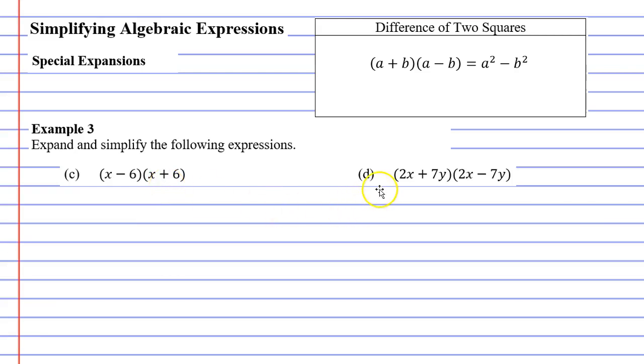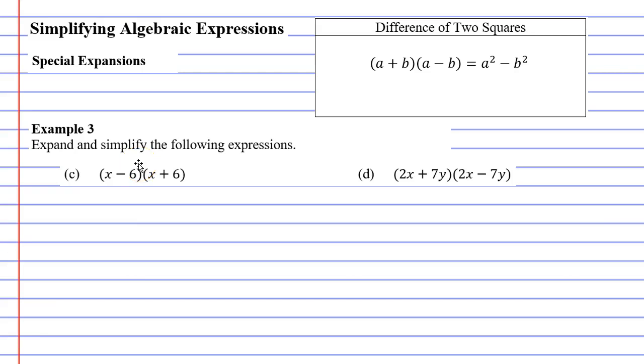You'll see that also in question D. They're exactly the same terms, 2x and 7y, except one's got a plus and one's got a minus. And when you see this, you know that this is an example of difference of two squares. Okay, but they have to both be exactly the same, bar the minus and the plus symbol.